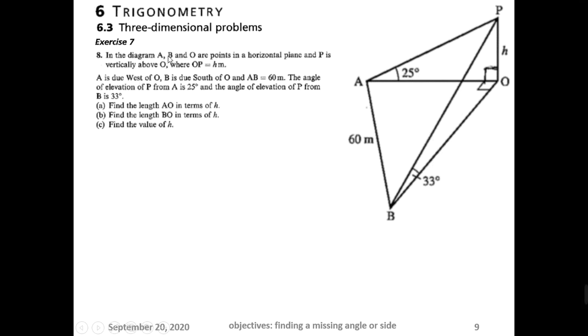In the diagram, A, B, and O are points in the horizontal plane. That's the horizontal plane, which means the face that is sitting on the floor.